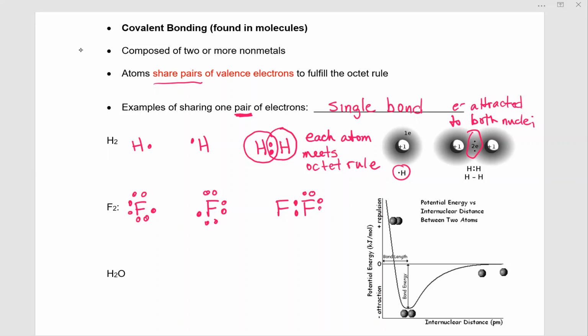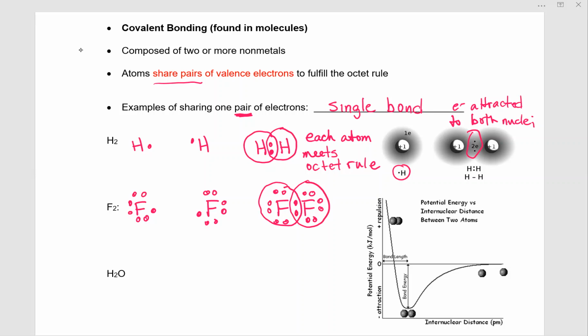So they come together and they share a pair of electrons. All right, let's draw the Venn diagram. Verify they meet the octet rule. Okay, first fluorine met the octet rule. Second fluorine met the octet rule. They both think they've got 8 electrons. Everybody's happy.